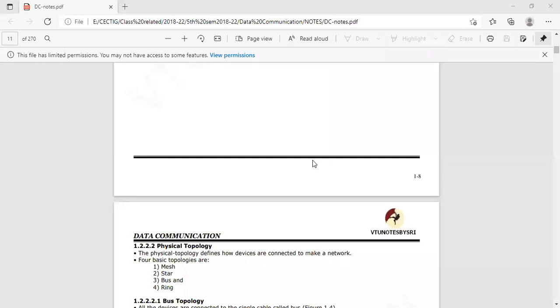Anyone? I think no one has anything to ask. Okay, I think all of you have written your names in the chat box.